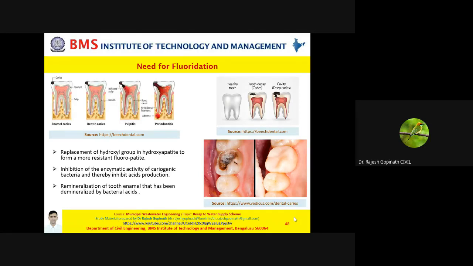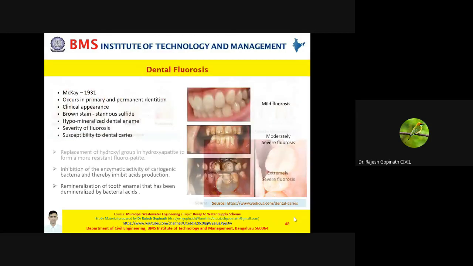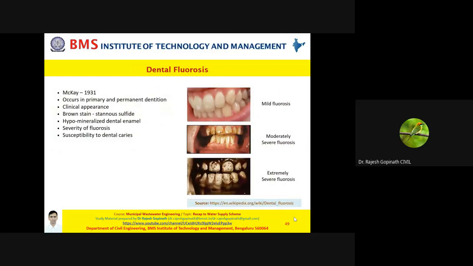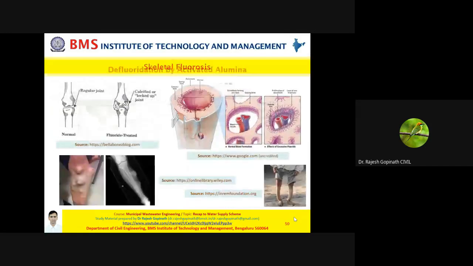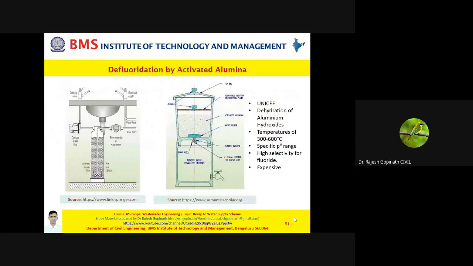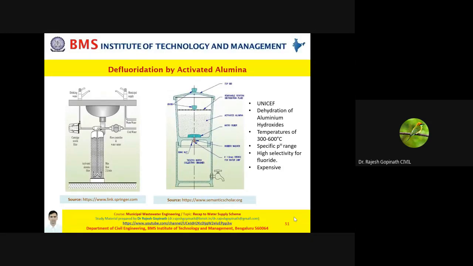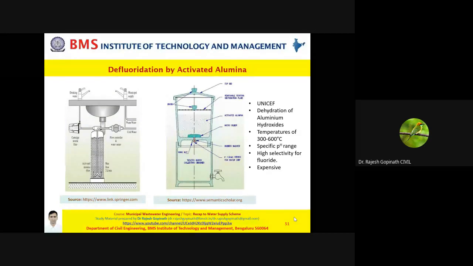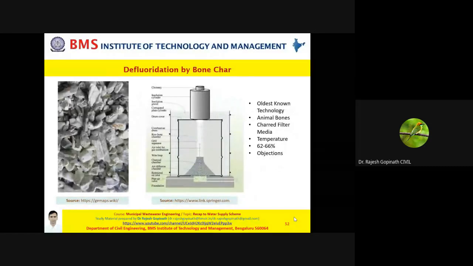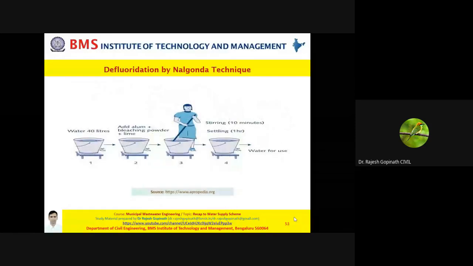At the same time, an excess of fluoride can cause fluorosis, dental fluorosis, skeletal fluorosis, and so forth. Also in the last semester, not only did you learn how to add fluoride into the water by using some chemicals, but you also learned the various methods in which fluoride can be removed. Among all those techniques, such as using activated alumina or bone char, the most popular technique that you have learned is the Nalgonda technique.